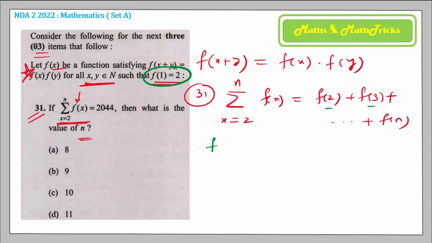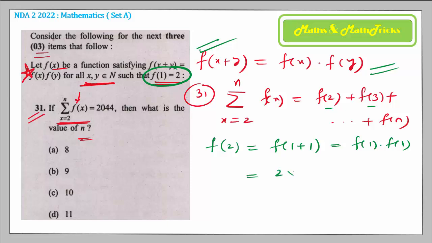So quickly you see that as the function follows this criteria, f(2) you can find out by writing f(1+1), which is the same as to say f(1) into f(1), as the formula they gave. So then this will become 2 into 2, that is 4, which is simply 2 square. Did you notice that?